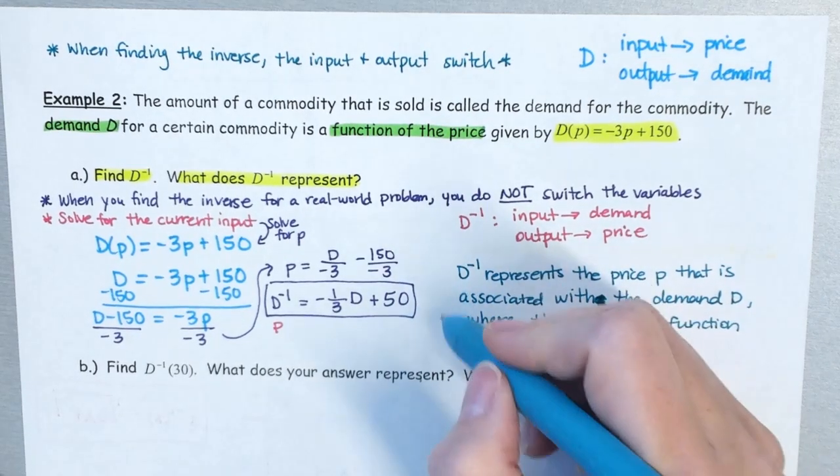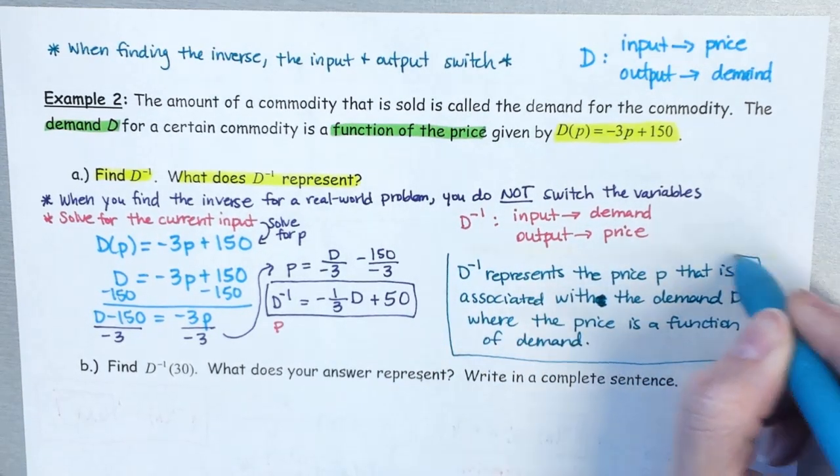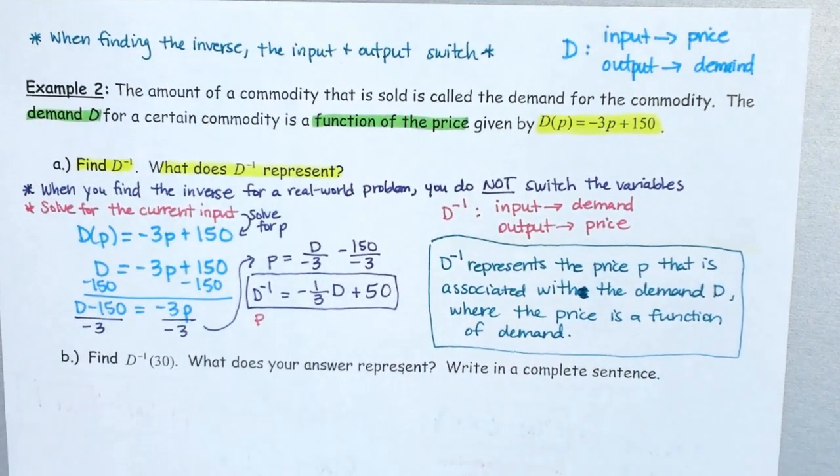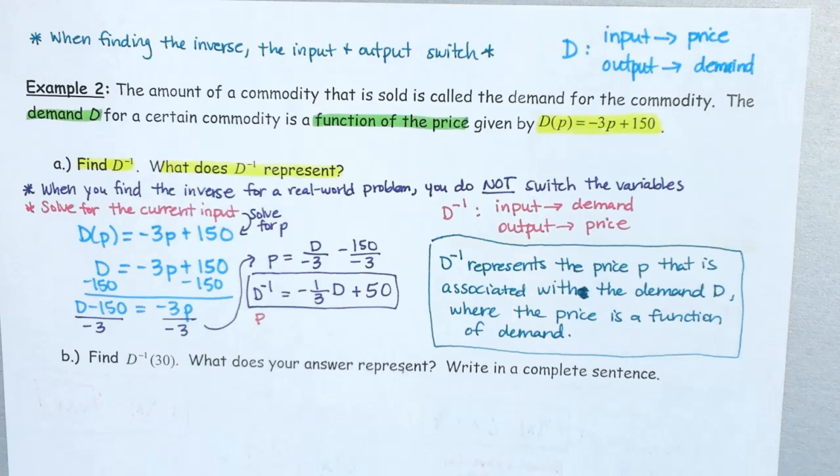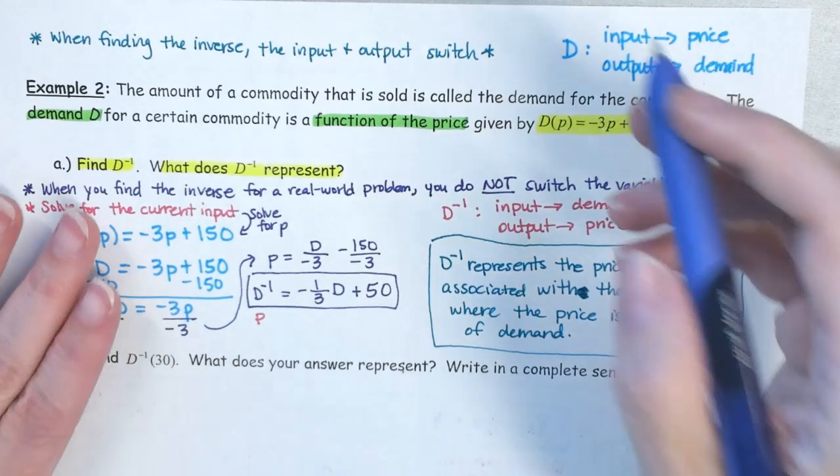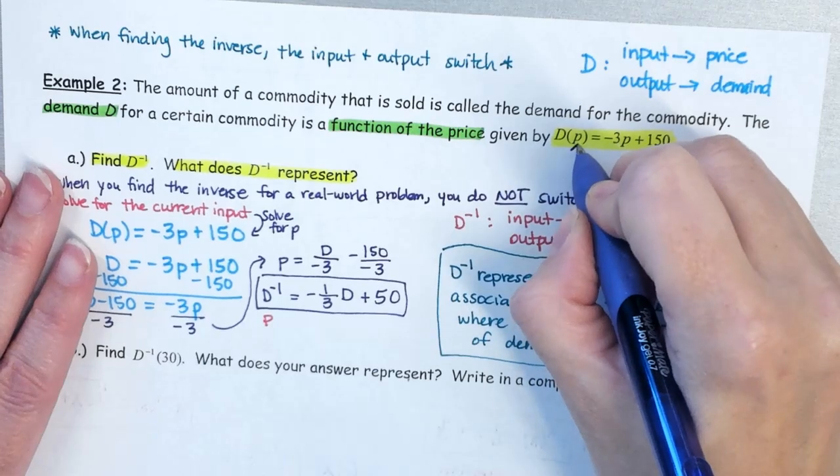Okay, so this is your explanation. So the inverse represents the price P that is associated with the demand D, where the price is a function of demand. Okay, so you want to make sure that you're labeling what each one of these represents.